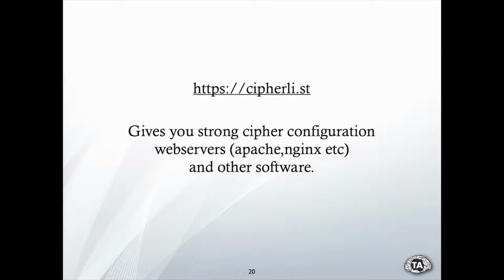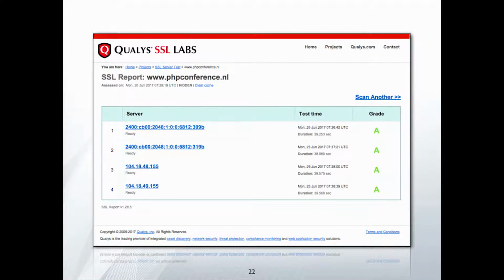After you configured your ciphers, you can test if they are okay by using another site called SSL Labs, the SSL Test. I normally try to run the test on the conference website, so I did this as well. And it came out pretty good.